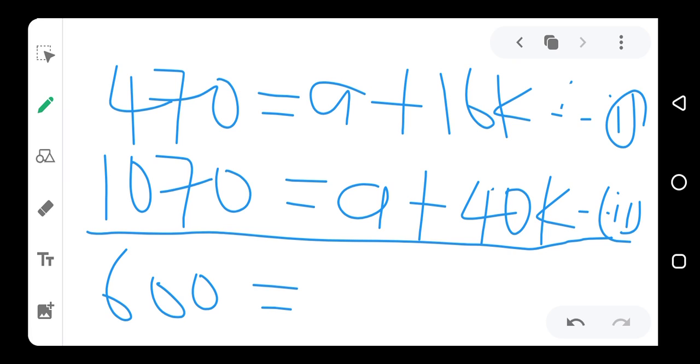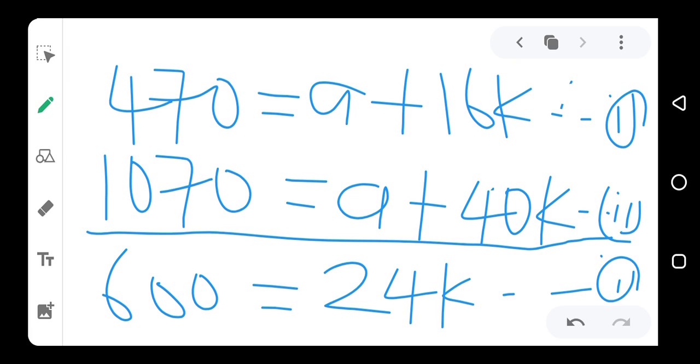A minus A is equal to 0, so we leave it. Then 40 minus 16 will give us 24. So 40K minus 16K is equal to 24K. Let's call this equation 3, or we can also leave it. We may not put it as equation.